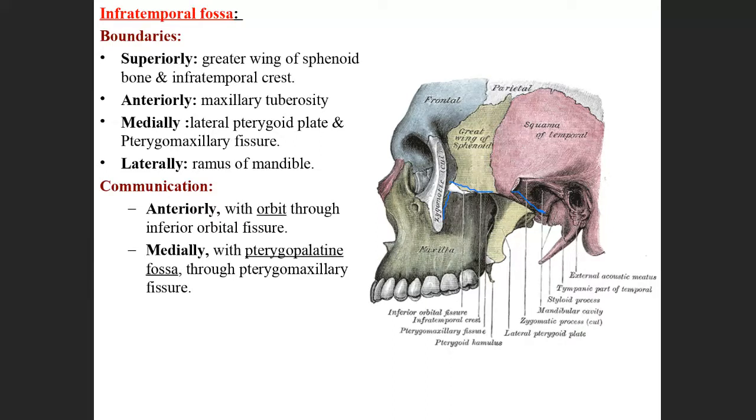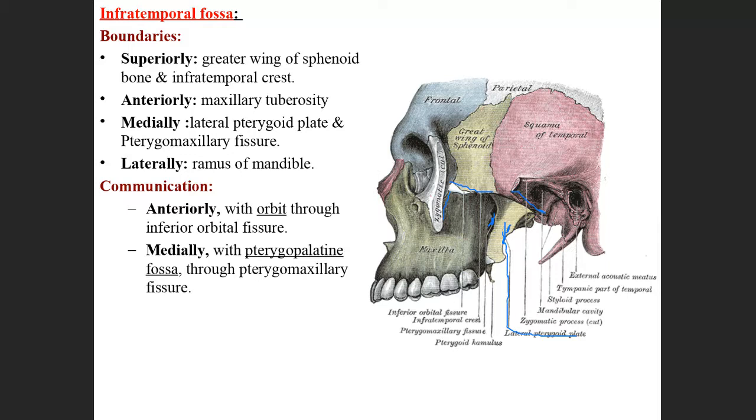And medially, what do you have? The lateral pterygoid plate. This part, the lateral pterygoid plate. Okay. And the pterygomaxillary fissure. This one. Fissure means a space. And then what do you have laterally? Here the mandible is not there.